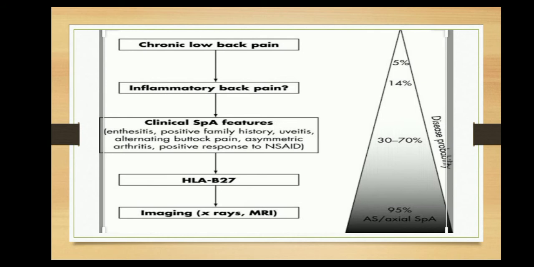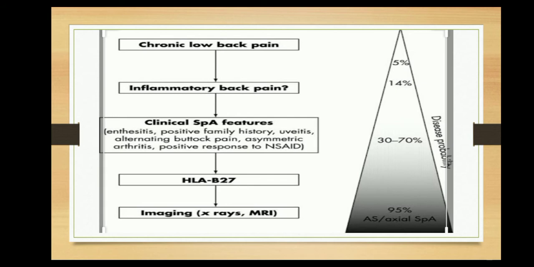When a patient comes to your clinic and complains of chronic low back pain, there is a 5% chance of ankylosing spondylitis. If the patient complains of inflammatory back pain, then there is a 14% chance of ankylosing spondylitis.